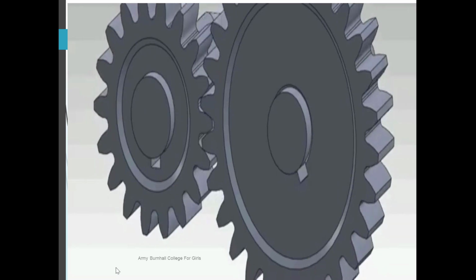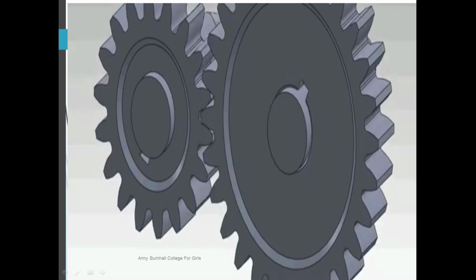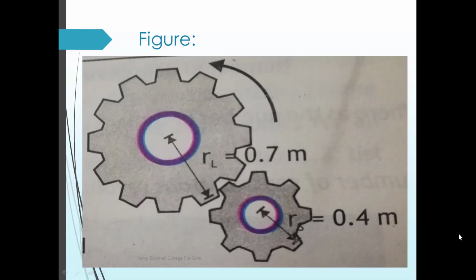So this is the way in which the 2 connected gears are rotating. The radius of the smaller gear is 0.4 meters and the radius of the larger gear is 0.7 meters, and both gears are rotating. So first of all we will write down the given data, the given radii of both the gears.